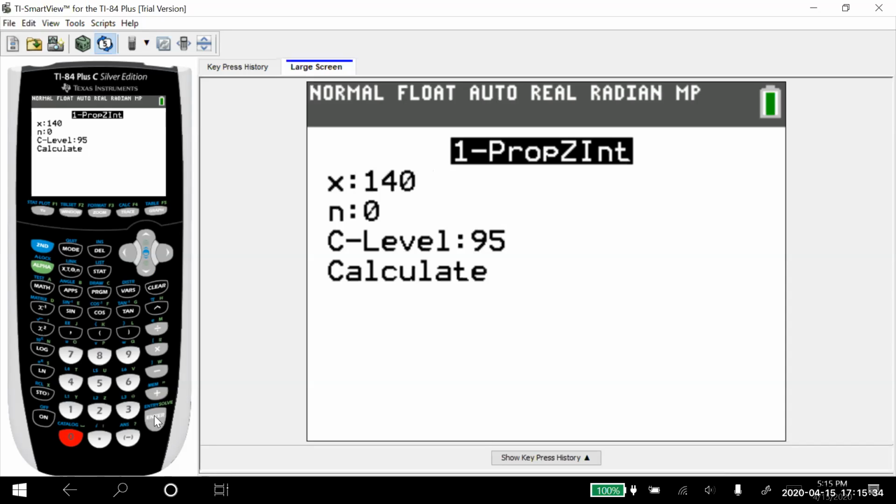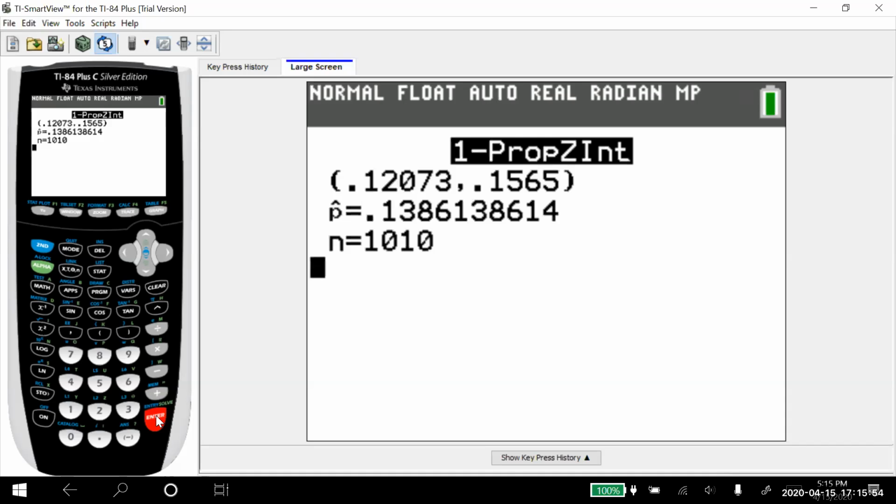And since our sample size was 1,010, all of those 1,010 except the 140 don't have the characteristic. So we have more than 5 that don't have the characteristic at all. That's why we're fine. And then it's a 90% confidence interval. So let's change that to a 90. And that's all we do. Calculate. We're going to get our answer.